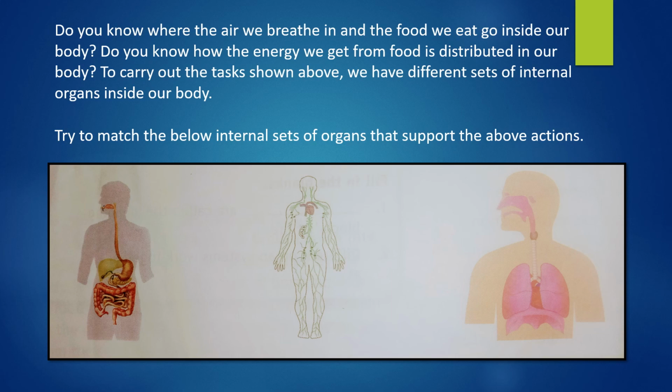This is used for breathing. So the food we eat is digested by our body, and that food provides energy to our body. From that we get energy to work as well as to breathe.